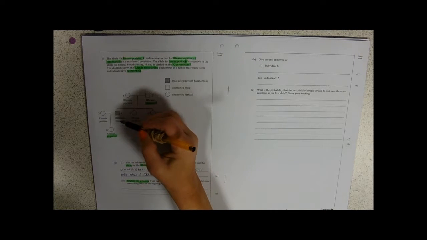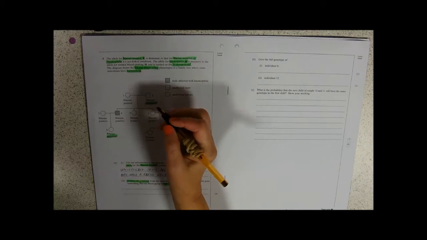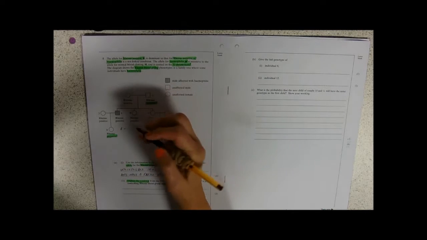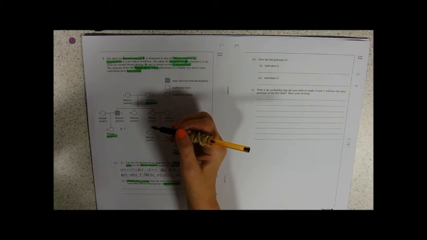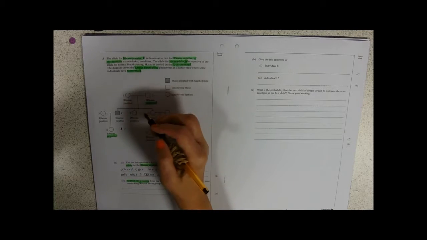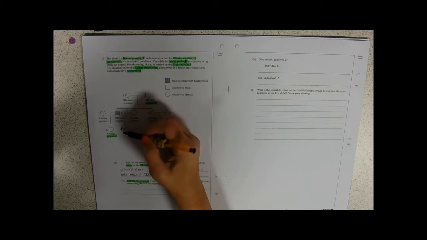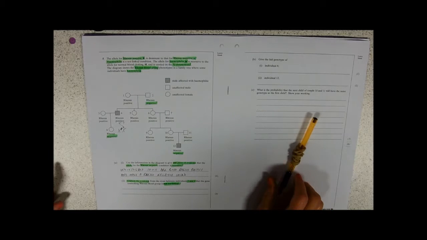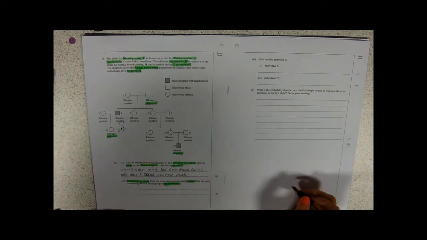So Rhesus positive, they've got a Rhesus negative child. If it was sex-linked, you'd have to have a Rhesus negative father, because he would have to pass on his Rhesus negative, but he's not, he's Rhesus positive.